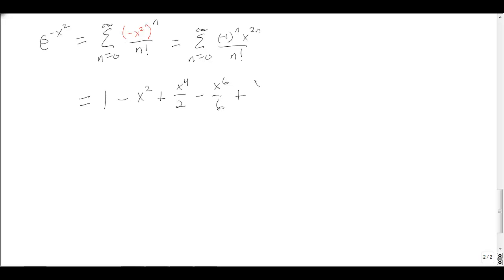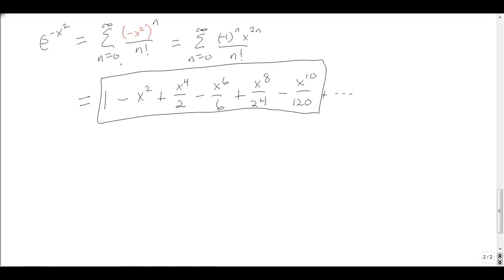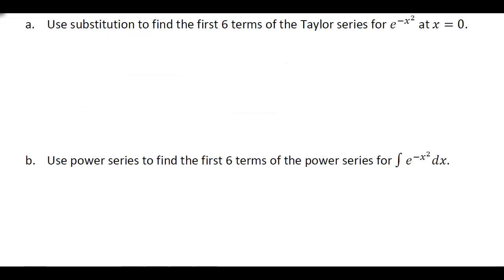Plug in n equals 4, I get x to the 8th over 4 factorial, which is 24. And then n equals 5 gives me negative x to the 10th over 5 factorial, which is 120, and then there's some more stuff. So this is 1, 2, 3, 4, 5, 6 non-zero terms here. So that's in some sense your answer. It's really the first 6 non-zero terms of this series.